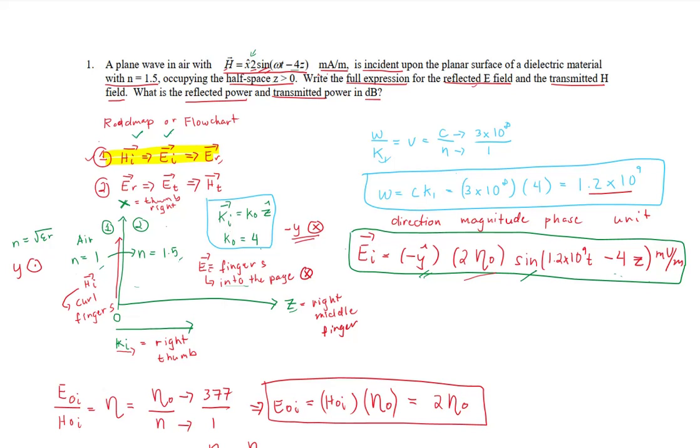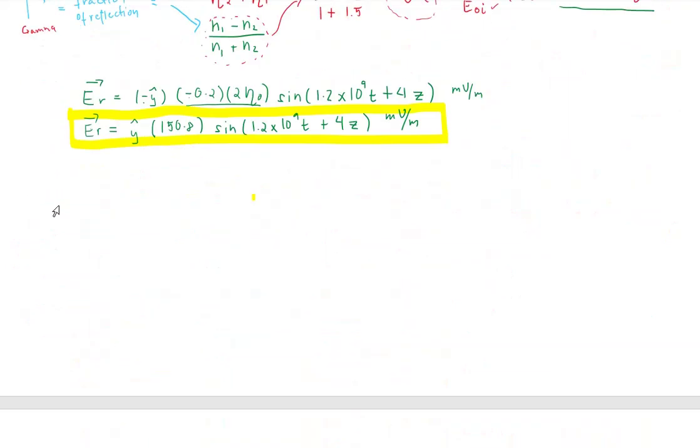Now we're coming from E sub R, getting the E sub T in order to get to H of T. So we are now doing this. What can we do to obtain E sub T?